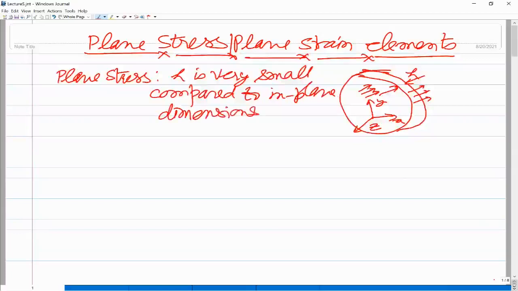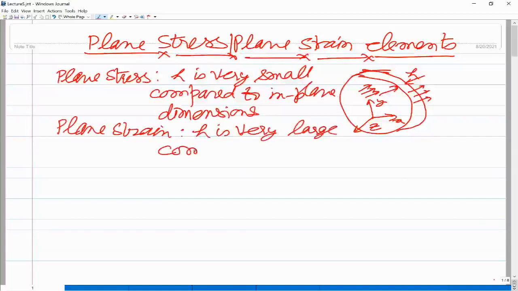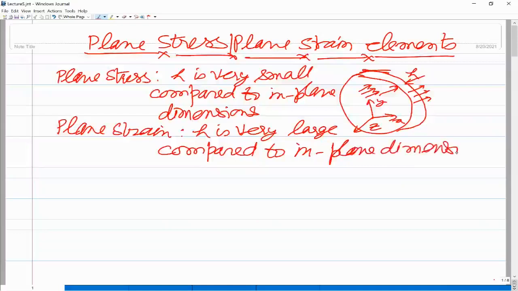Plane strain arises when h is very large compared to the in-plane dimensions. These are the two cases, and we will be discussing both of them together. The only difference is in the constitutive relation.